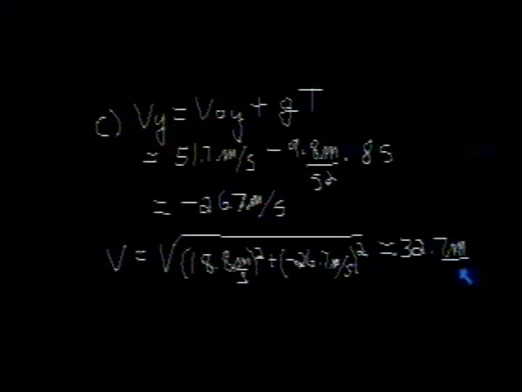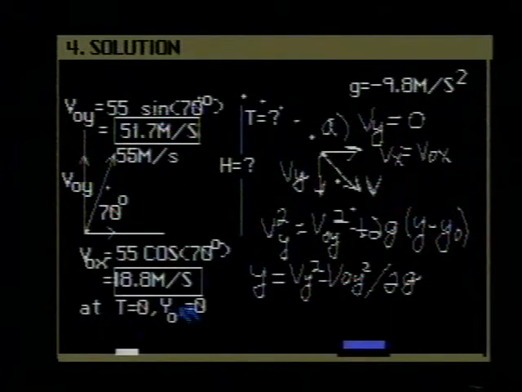The angle theta, let's take a look at what that angle is, first of all. Let's say it's this angle here, between our vector and the x-axis. The tangent of that angle is the side opposite the angle, which is v sub y, divided by the adjacent, which is v sub x.